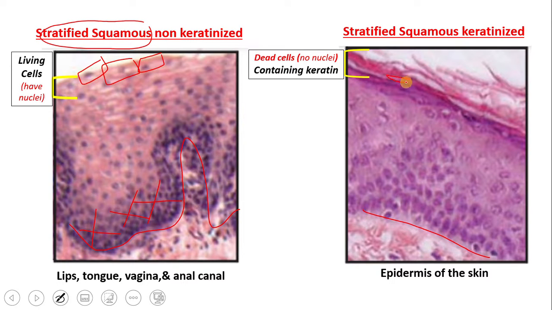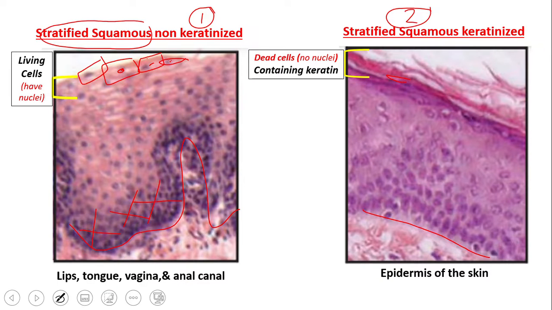The same here. But there is a difference between this one and this one. Here, the top cells are squamous and they have nuclei. If the cell has a nucleus, this means it is a live cell. So here are living cells.